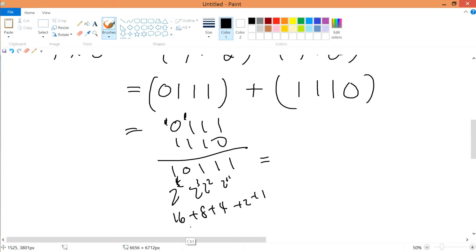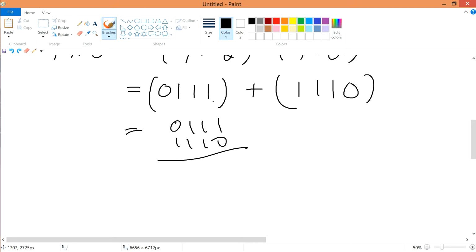Wait, what am I doing? 2 to the power of 3 is 0 in this case, so this is 0 plus 2 to the power of 2, which is 4, plus 2 to the power of 1 plus 0, which is 1. 1 plus 1 is 0, bring forward 1. 1 plus 1 is 0, but with this 1 over here I have 1, I bring forward 1.